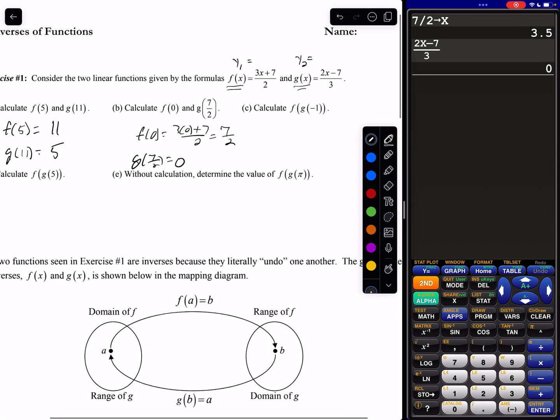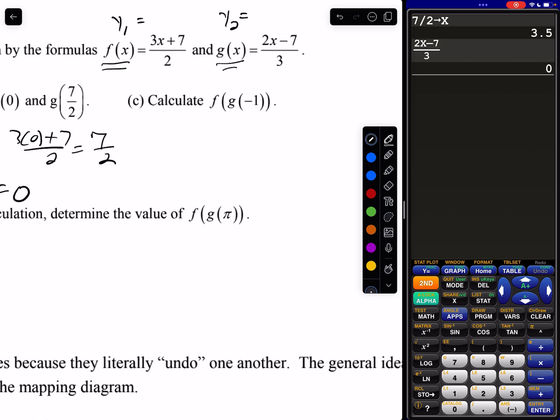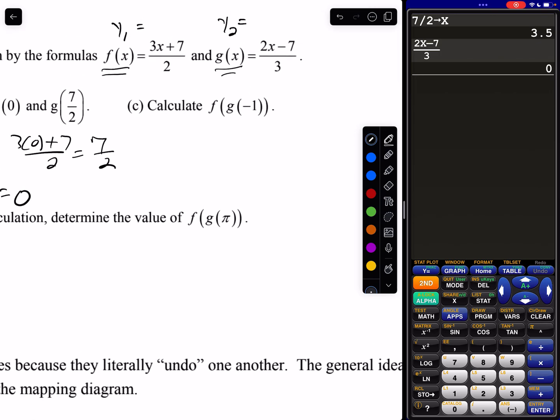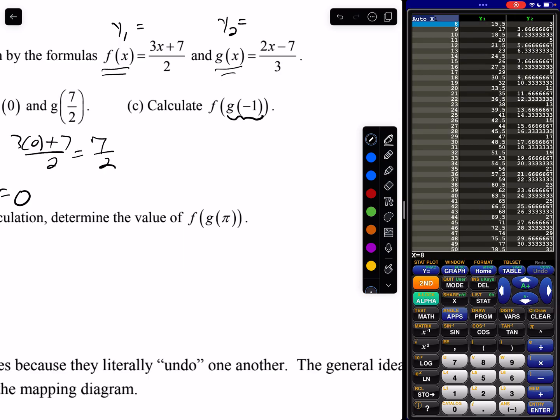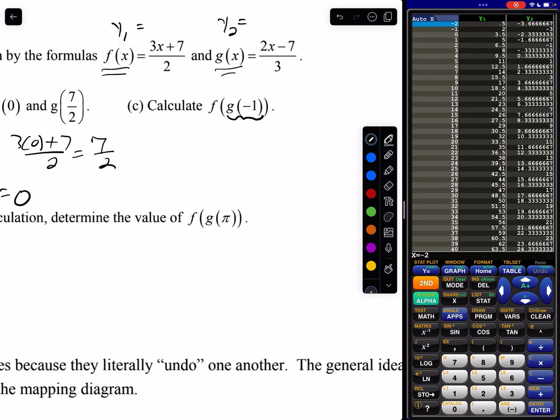So now we're going to look at f of g of -1. Let's figure this out. First, g of -1. If I go back to my table and identify g of -1, notice my input here of -1, my output is going to be -3.